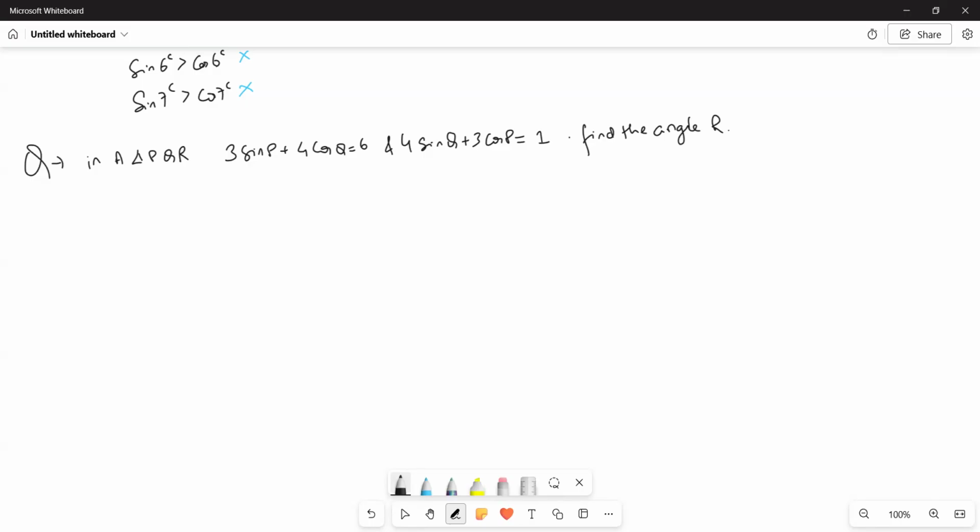So I'll give you a hint. Square and add. It's an equation question only, the one that we started the session with. An application of those only. So let's say we square the first equation, so that will give us 9 sin square P plus 16 cos square Q plus 24 sin P cos Q is equal to 36.